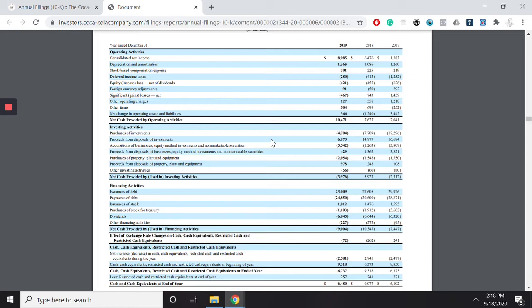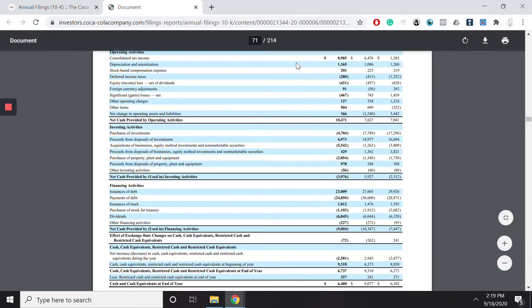And this is important because, like I said before with the income statement, income is reported, cash flow is money the company has actually collected. So we want to see net income increasing, we want to see net cash increasing, and in terms of Coca-Cola, both of those are increasing, so this is a good sign.